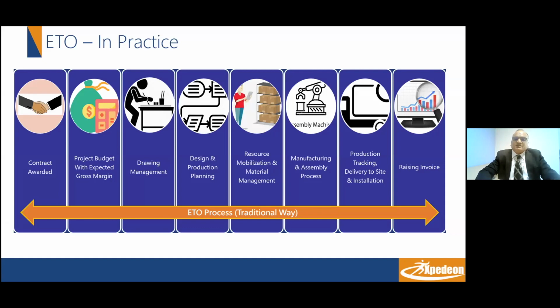ETO, as you know, consists of orders or contracts for the engineering, manufacturing, assembly, and installation of unique and complex products, eventually at a construction site.